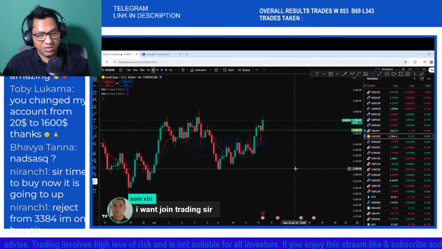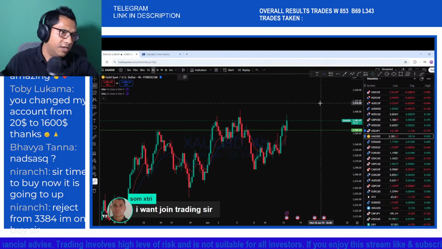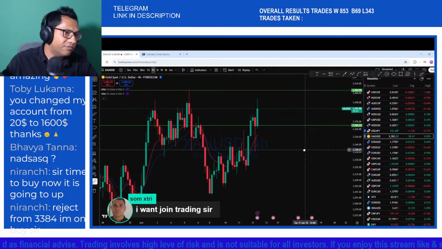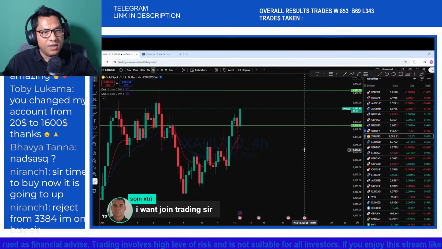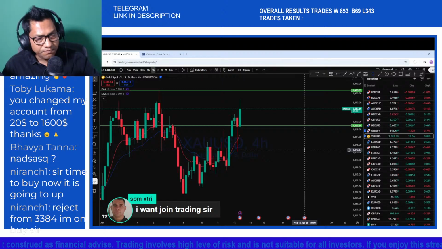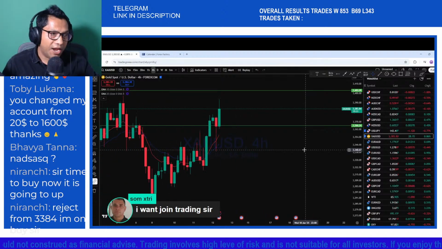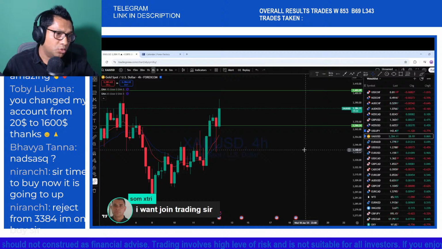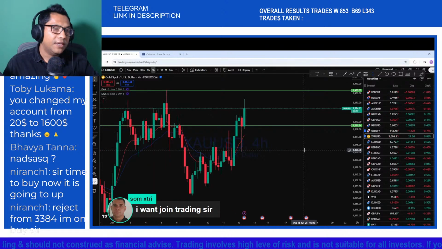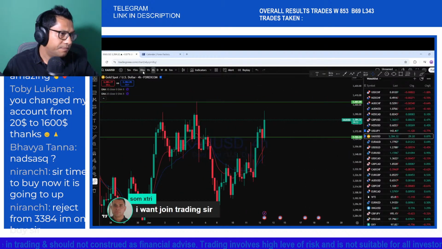For this price to push to the upside, potentially to create a new higher high, the market needs to come to the 3365 level. The best entry based on the 4 hour price action is the 3366 level. We might see the market drop to that level. If this price drops to the 3366 level, it's a very good buy entry for another push back to the upside.